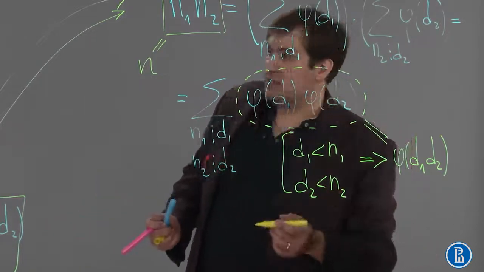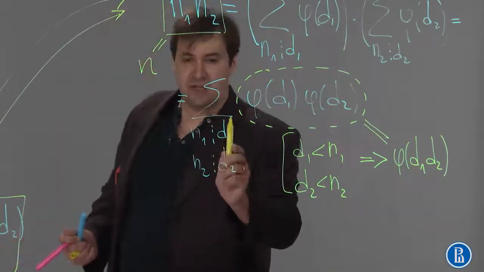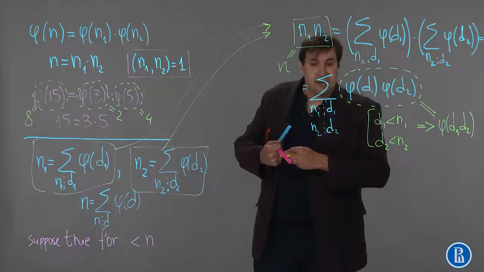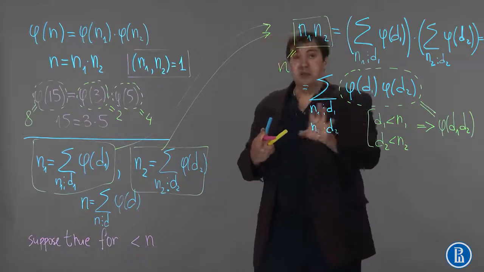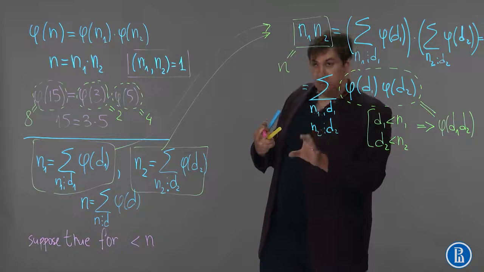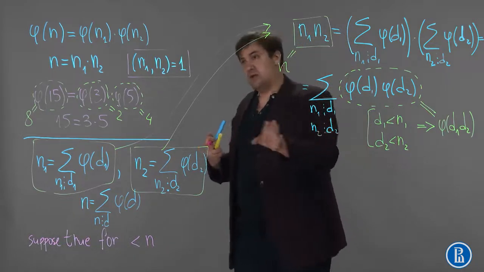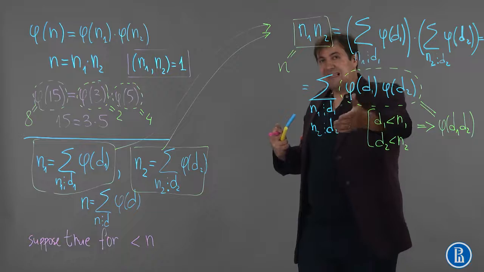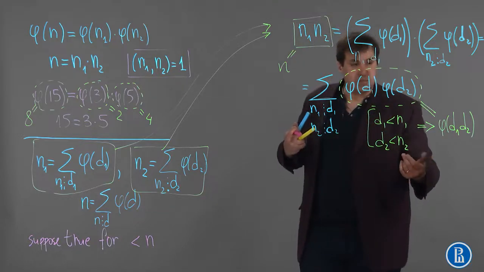It's obvious because d1 is a divisor of n1, d2 is a divisor of n2, n1 and n2 have no common divisors greater than 1, which means that their divisors themselves must be coprime also.